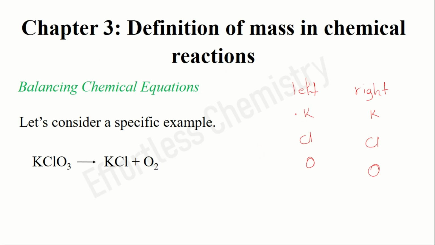So for potassium everything seems normal, so it is balanced. For chlorine as well, but the problem is related to oxygen. Something doesn't go well. For oxygen on the left side we have 3, while for the right side we have a molecule of oxygen and we have 2.